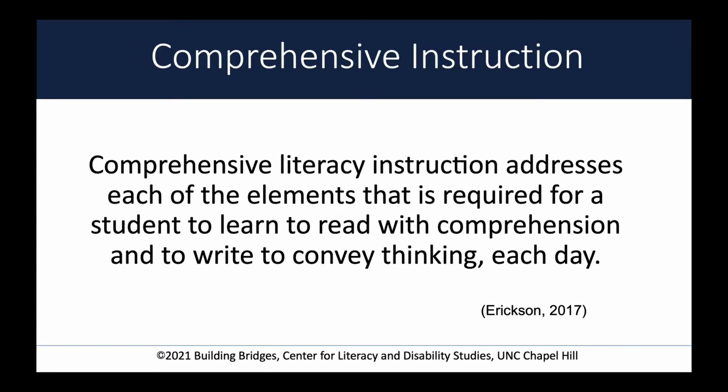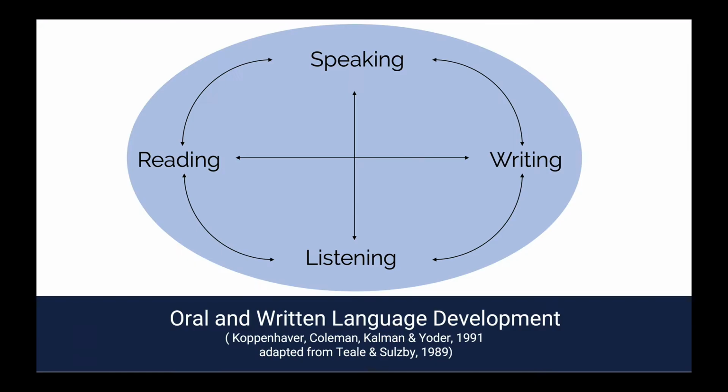Quite simply, comprehensive literacy instruction addresses each of the elements that is required for a student to learn to read with comprehension or to write to convey thinking each day. In other words, comprehensive instruction addresses reading, writing, speaking, and listening in an integrated way.